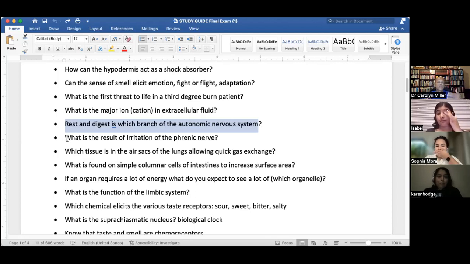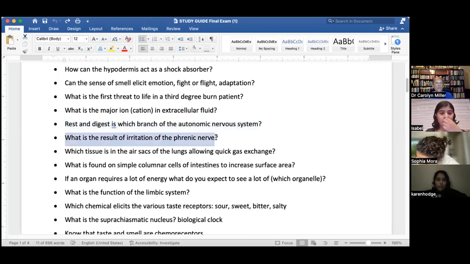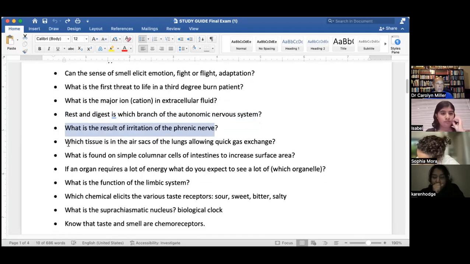Circulatory system decrease, breathing decrease, and then just the opposite happens in sympathetic. Speed up breathing, heart rate, and then you decrease GI activity, gastrointestinal activity. So parasympathetic branch of the autonomic nervous system is rest and digest. What is the result of irritation of the phrenic nerve? It results in hiccups.